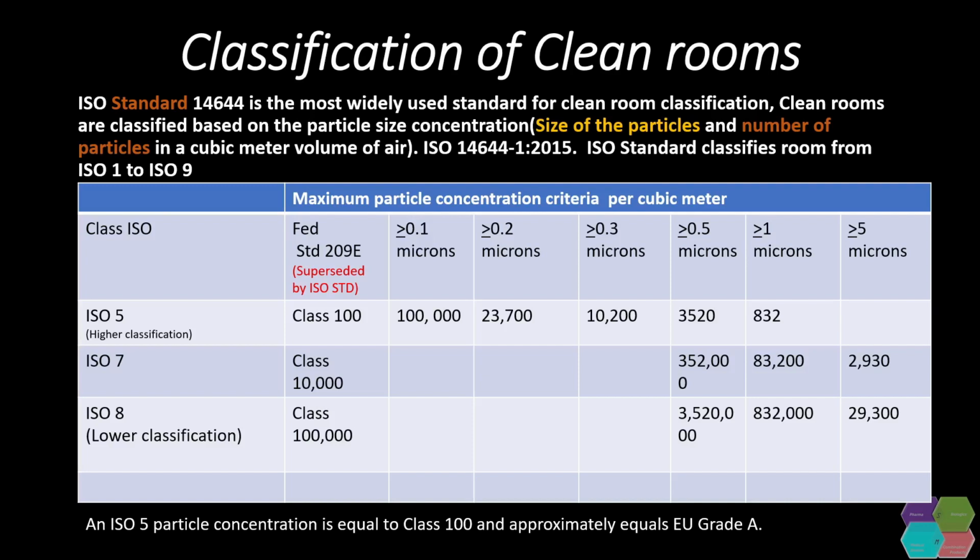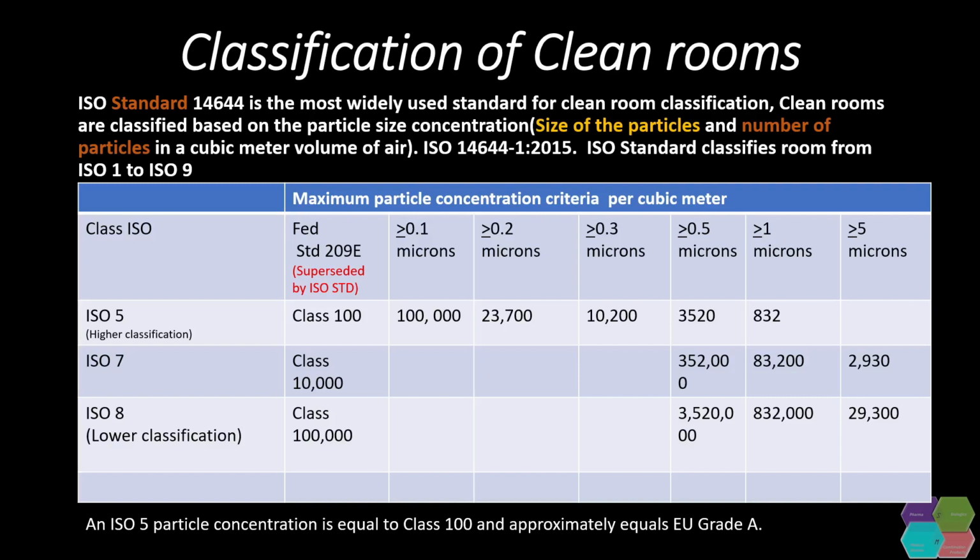This is a classification based upon the ISO standard. Prior to that, there was another standard, that is Federal Standard 209E, but after the ISO standard was issued, the federal standard has been superseded. People are no longer using that terminology of class 100, class 1000, or 10,000. But just for the sake of reference, it's always good to understand if somebody asks what is class 100.